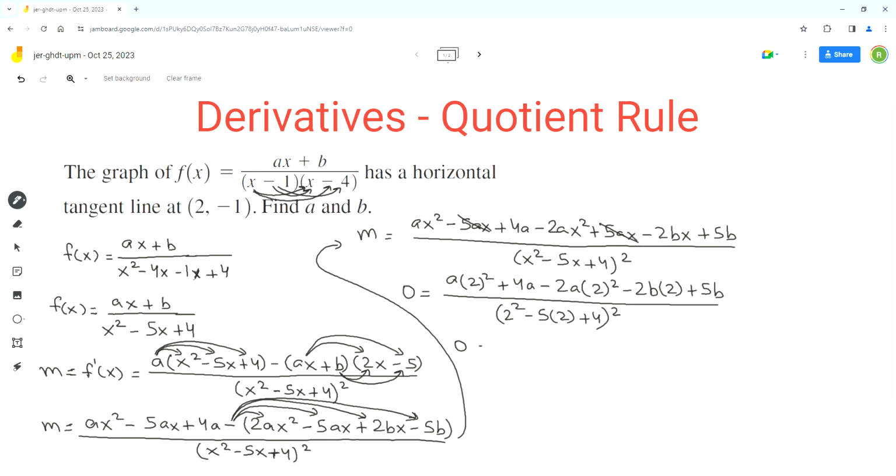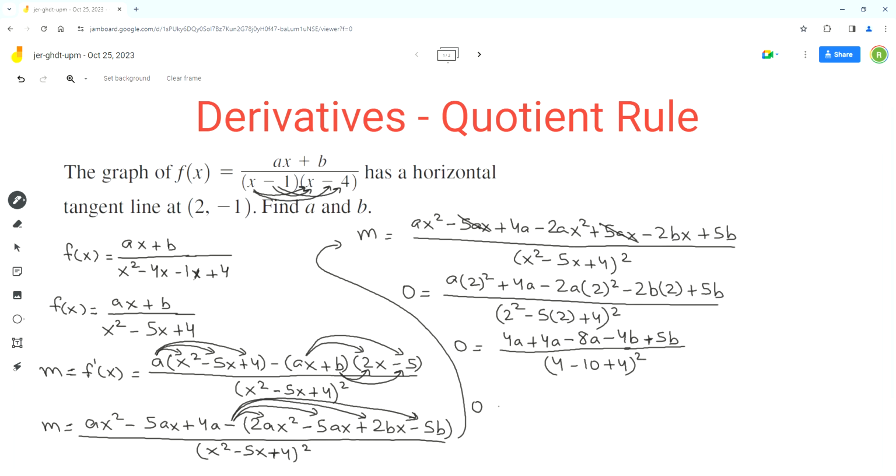Now we can simplify the terms in the numerator. So we get 4a plus 4a, and then 2 squared is 4 and 4 times 2 is 8, then minus 8a and minus 4b plus 5b, over, and in the denominator we get 4 minus 10 plus 4, squared.